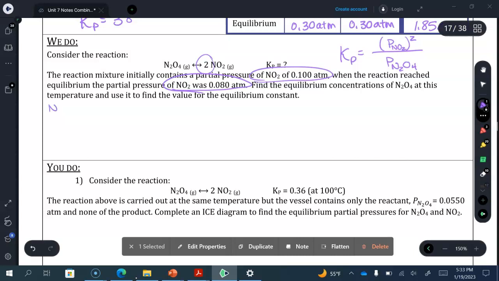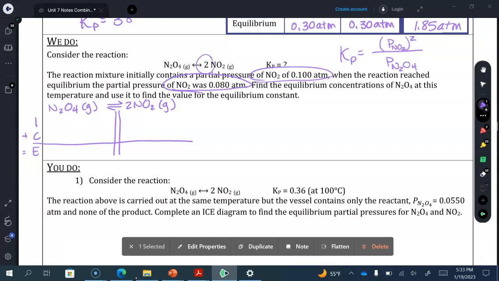So I write my reaction. And then I write my ICE. I draw a line to separate E from C, so I know that these are going to add to give me E, and a double line underneath the arrow. I don't have additional reactant or product species, so I don't need single lines.